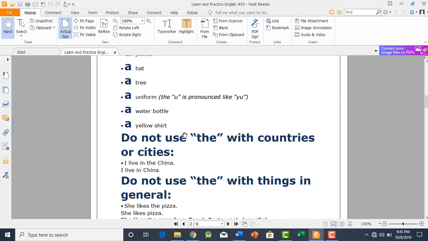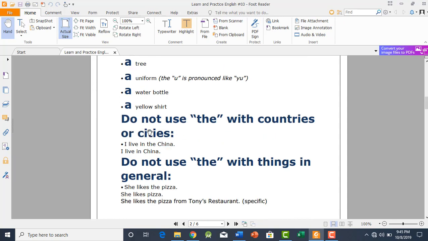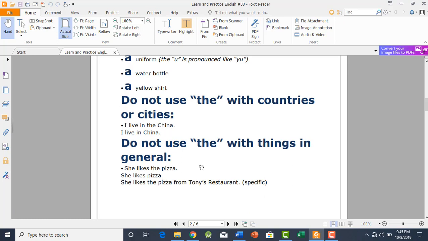I hope you understand the difference between a and an, although they have the same situation for general sentences. A very important thing is do not use the with countries or cities. Like I live in the China, this is wrong. I live in China, this is correct. Before countries and cities you are not required to use the article. Do not use the with things in general, like she likes the pizza.